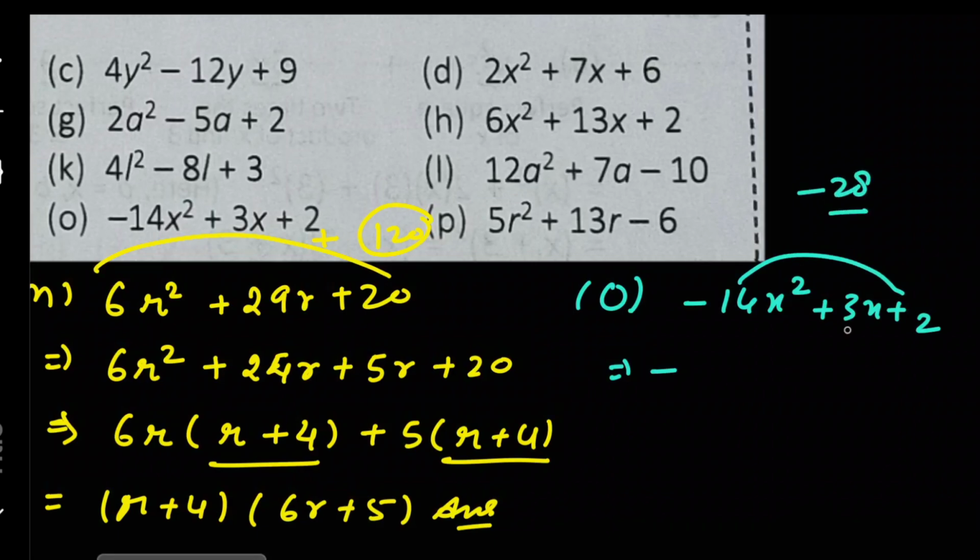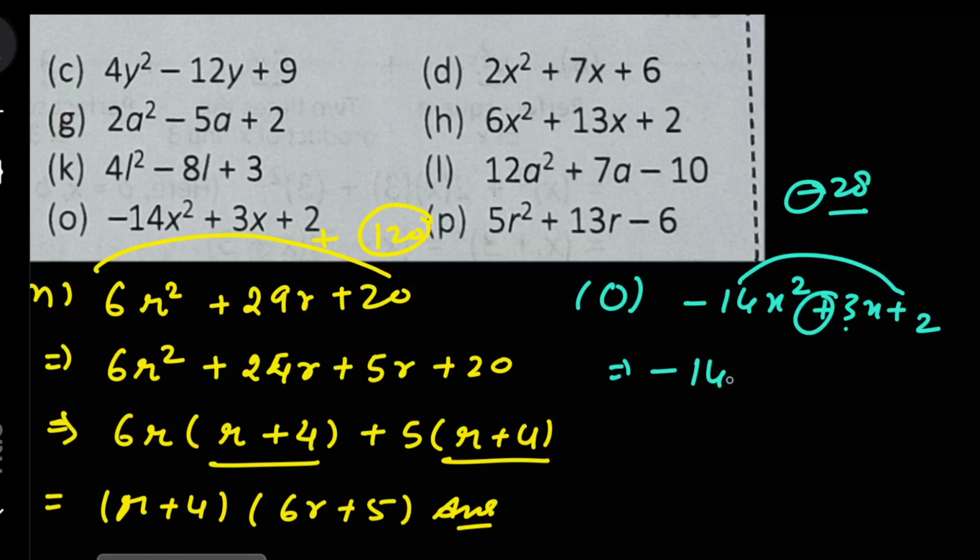Now how are we going to split the 3 to get minus 28? It must be split into two numbers. One will be minus, another will be plus. Plus will be the greater one, because the sign of the 3 is plus, and here is a negative, so one number must be negative. So the numbers will be 7 and 4, as 7 fours are 28. So 7 will be plus and 4 will be minus.